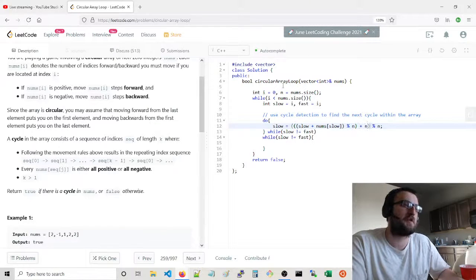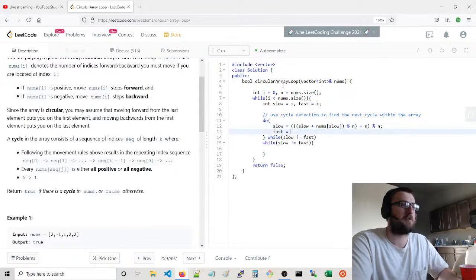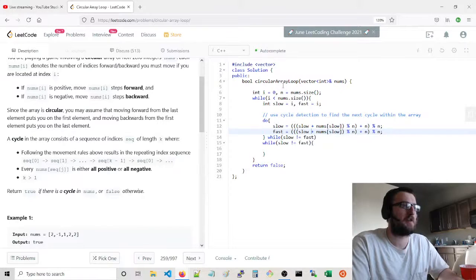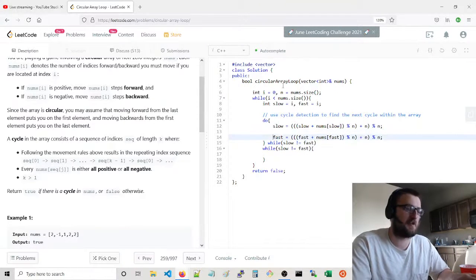A little confusing how this works, but this should be correct. And then fast is going to be the same thing: fast plus nums of fast. We're actually going to do this twice.